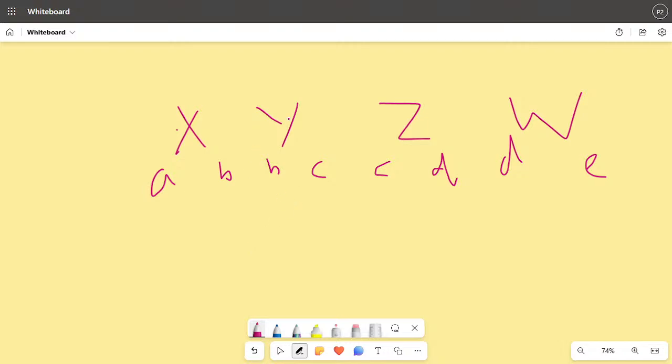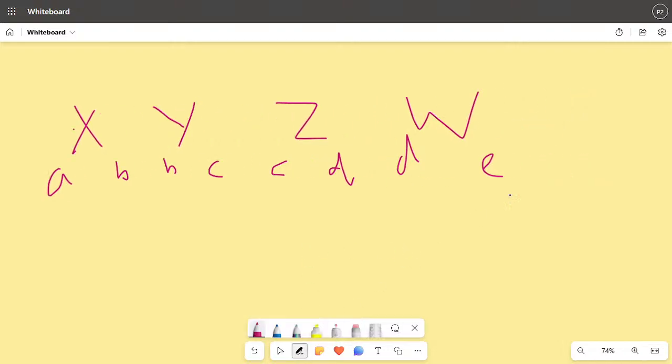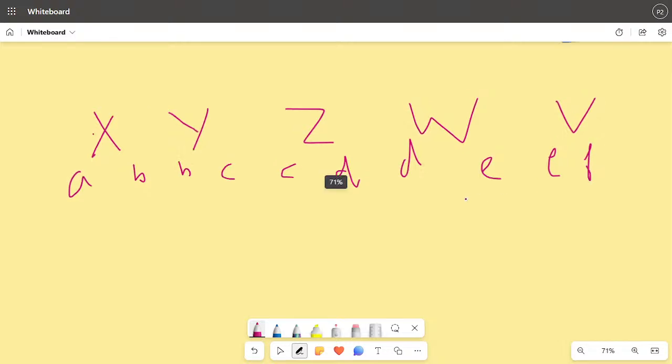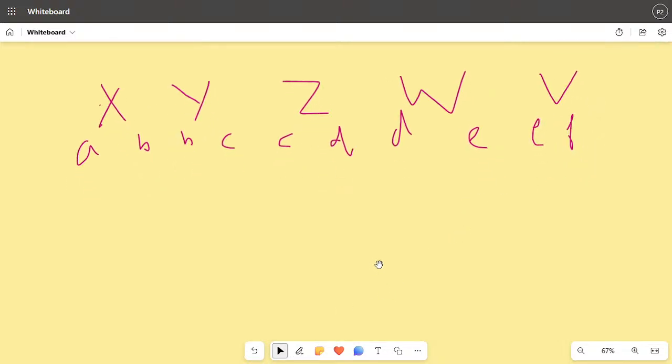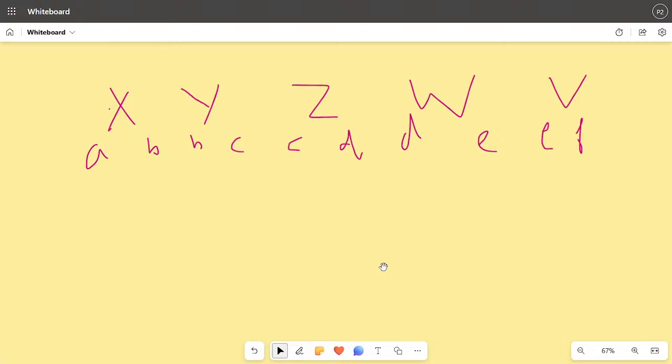If we choose Y and then choose Z, and let's add one more, choosing differently will lead to a different final number of operations. So how can we do this problem?